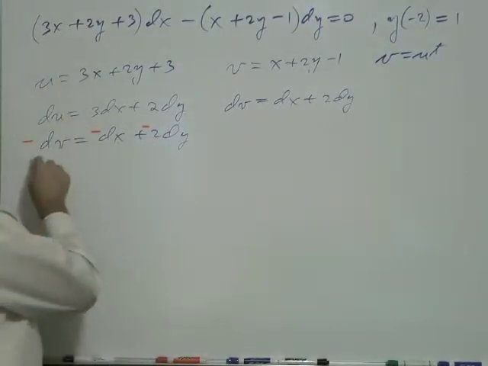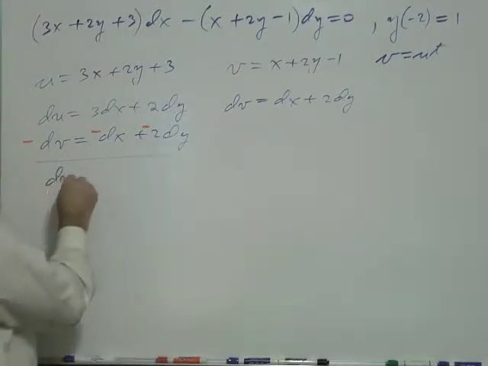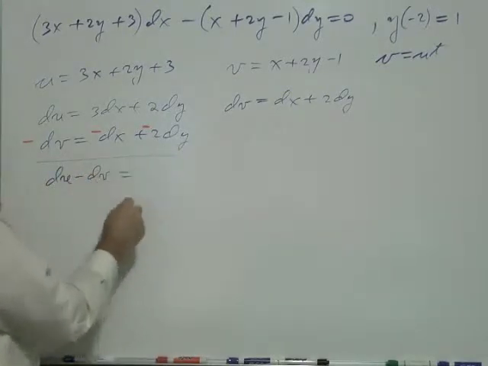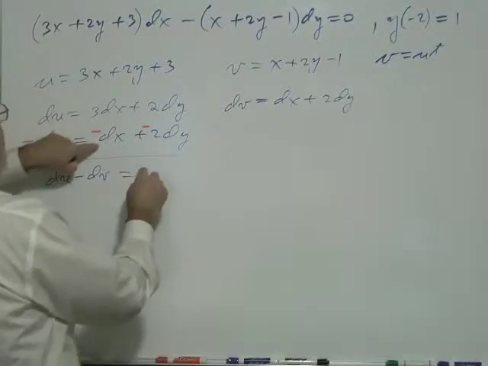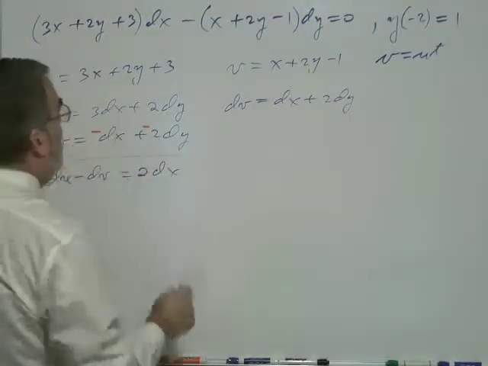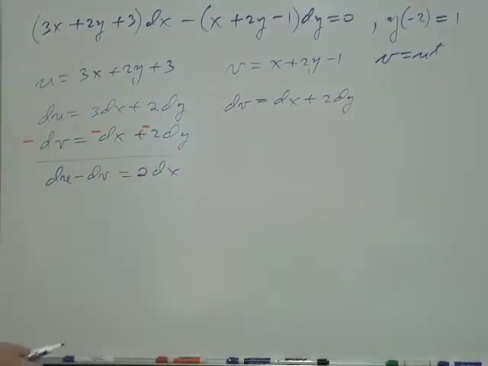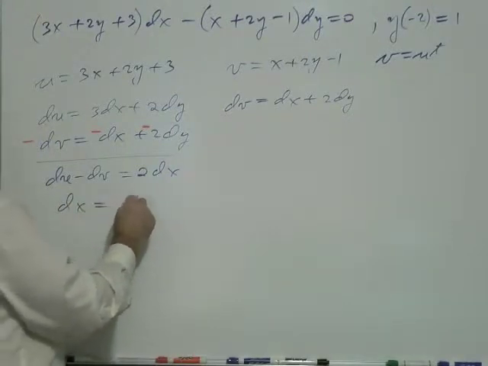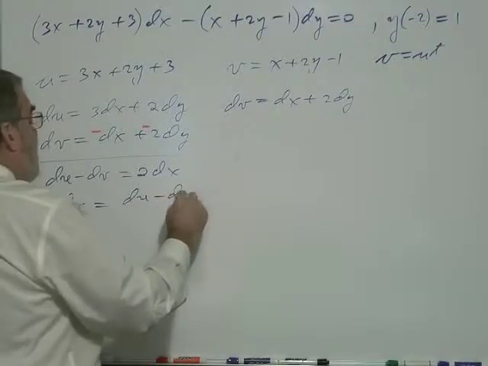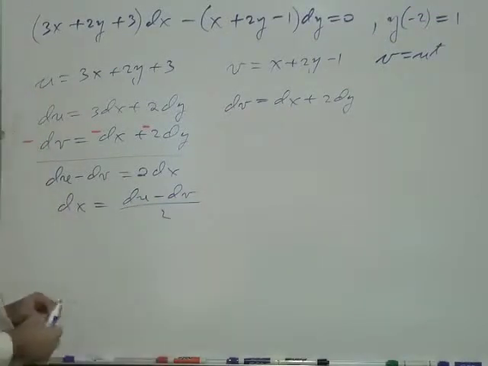Then we're going to have du minus dv equals 2 dx, and the dy's cancel. Alright, so dx then will be (du minus dv) divided by 2.